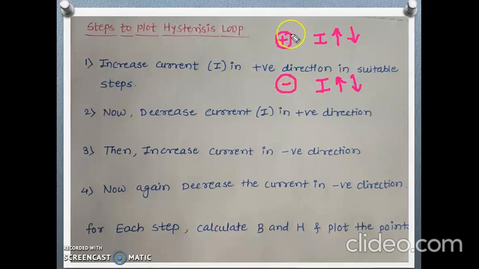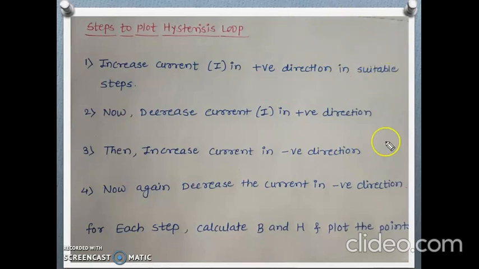That means when the switch is at the first position, the current is called positive direction current, and when the switch is at the second position, the direction of current will be negative, opposite to the first one. For each one we are going to increase the current and again decrease the current in suitable steps.